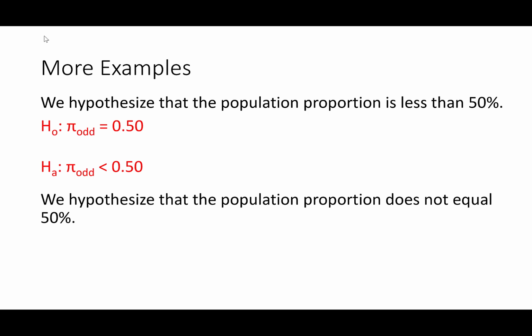We could also try to support that it's just different from 50% or 0.50. It could be bigger, it could be smaller. We just care that it's different. So there's three sets of hypotheses that we can do for these hypothesis tests: greater than, less than, or does not equal to.